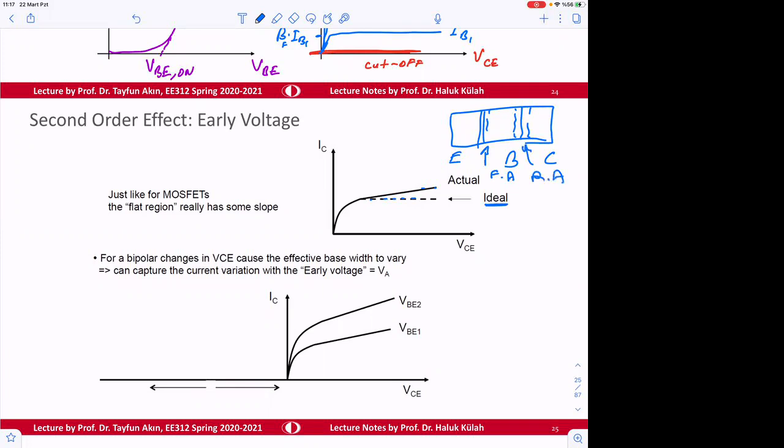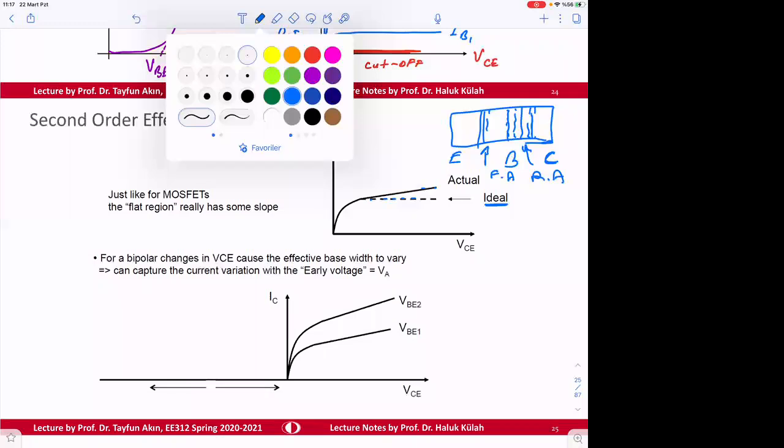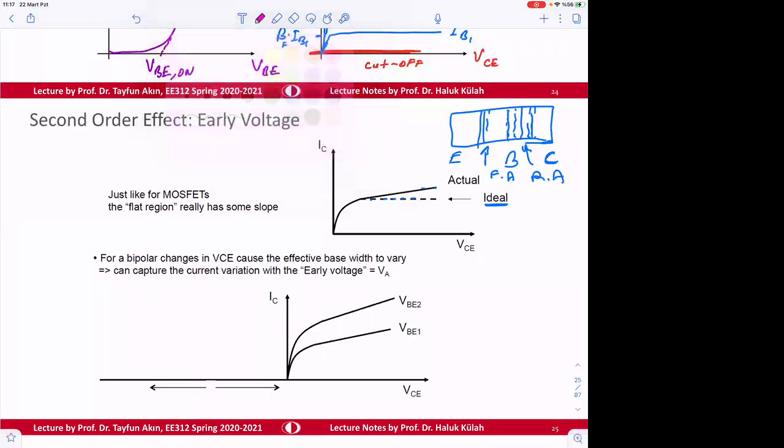If the voltage between collector and emitter increases, then the reverse bias region becomes larger. Therefore, the electrons going from here are going to be collected at the collector much more.